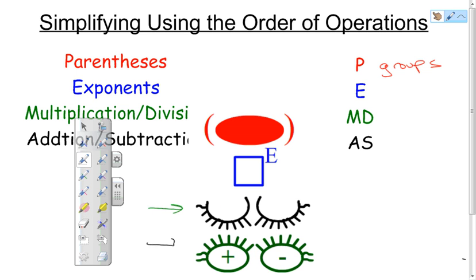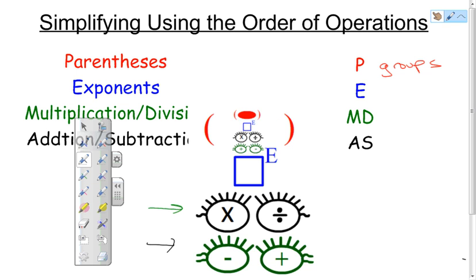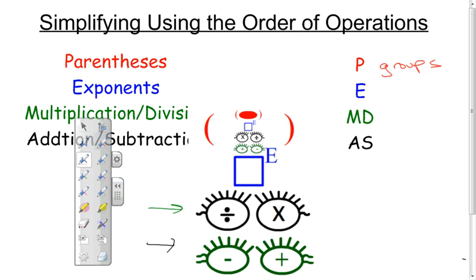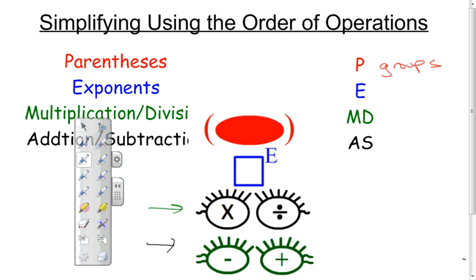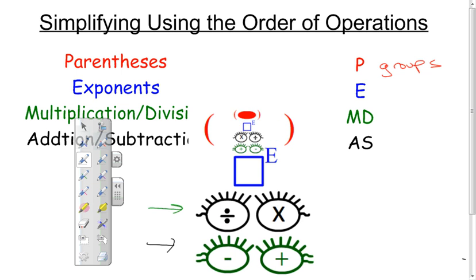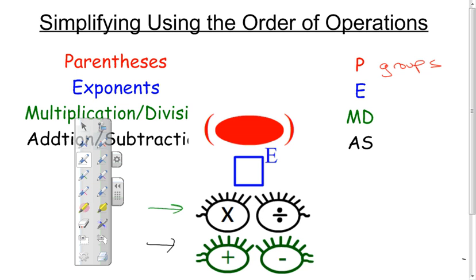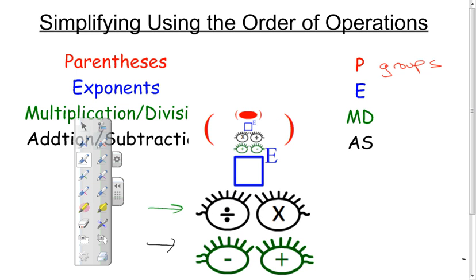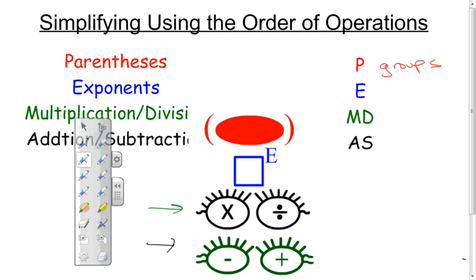And I think this is the idea that I'm trying to create for you here. The idea that with multiplication and division, if you notice these blinking eyes, it's not always multiplication first. It's multiplication or division, and I put them inside of eyeballs that give this effect. It's whichever one you see first when you're reading it. So if you're reading something from left to right and see divide first, you do divide.